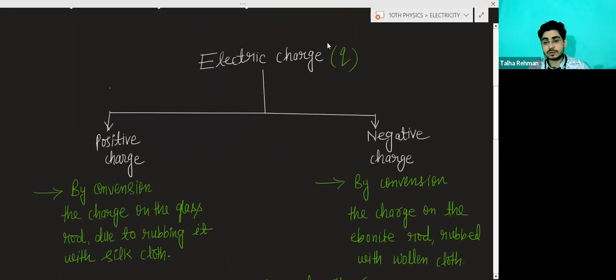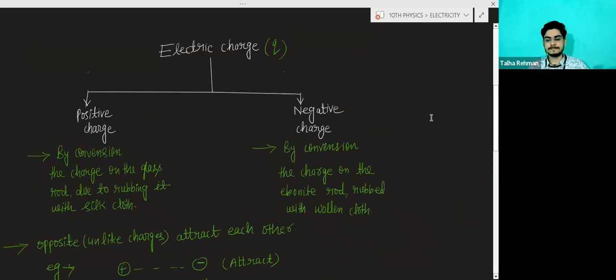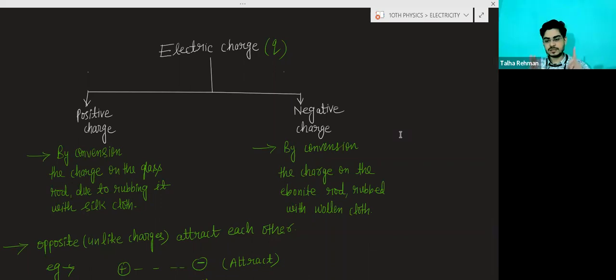An electric charge, throughout this chapter, I will represent with small q. The main thing is charge, two types of charge. Opposite charges attract each other, similar charges repel each other. And the SI unit of charge is Coulomb.